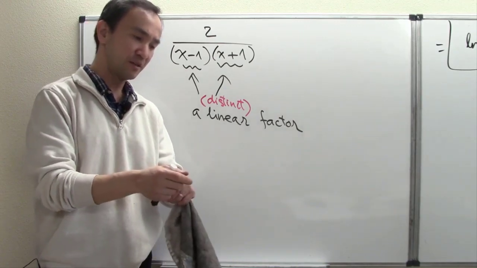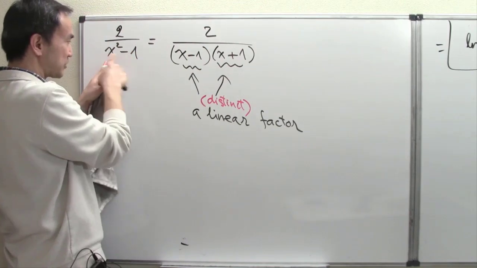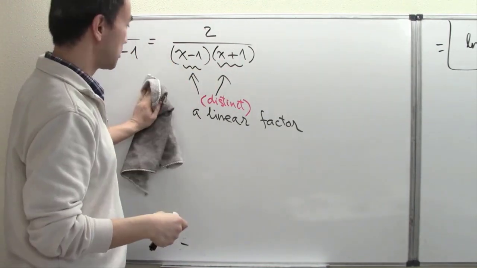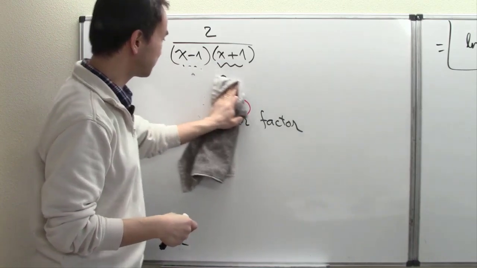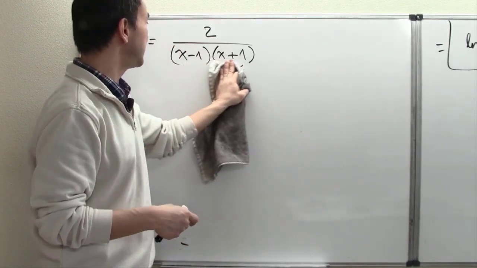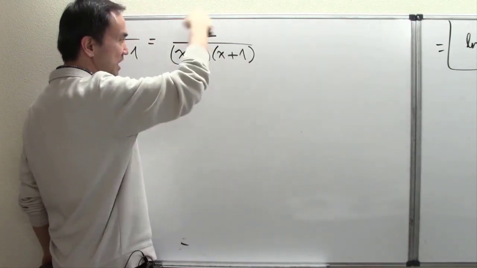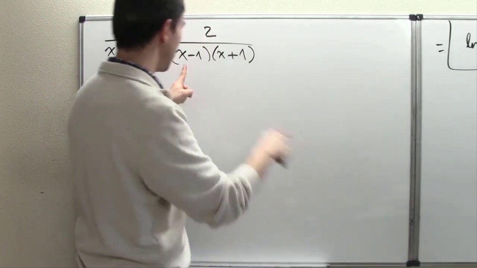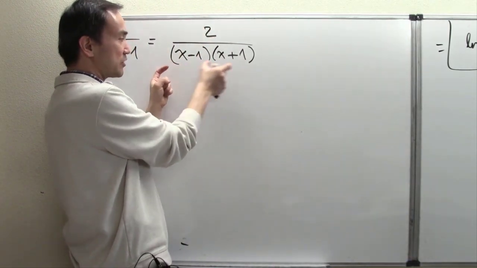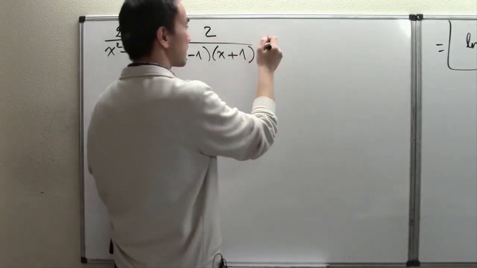But now, so now what? We factored our denominator into distinct linear factors. So let me erase the notes right here. The idea is that when the denominator of your beginning fraction can be factored into distinct linear factors, then you're going to set up the following.